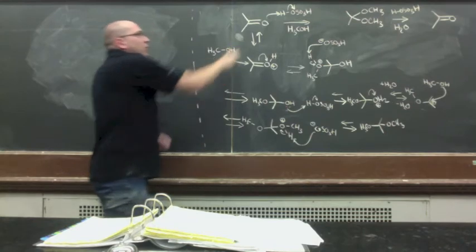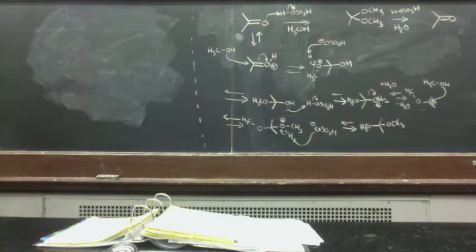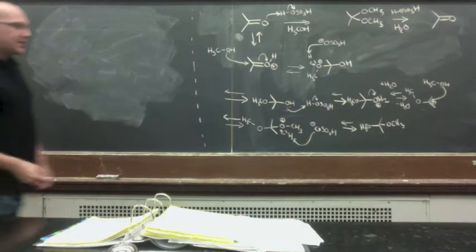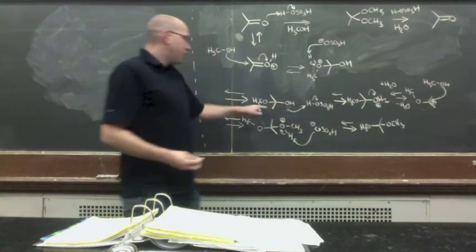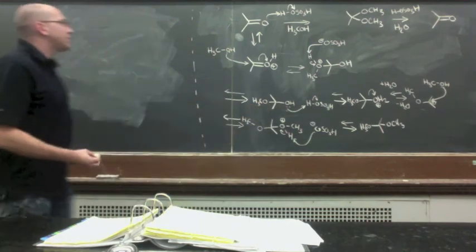Okay, so I want to make one point that I hadn't really brought up yet, and that's this idea of hydrates. So you notice in this reaction, we got to this intermediate right here. This is a molecule that would be called a hydrate, right?